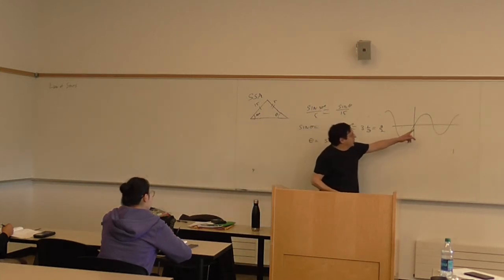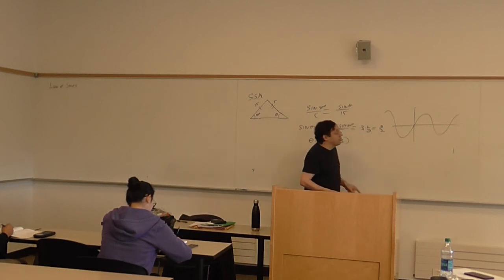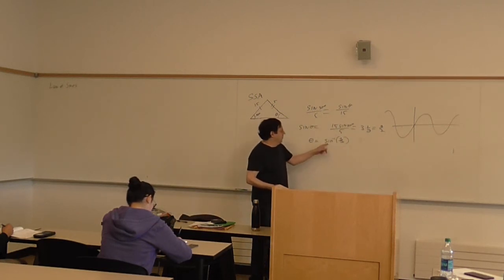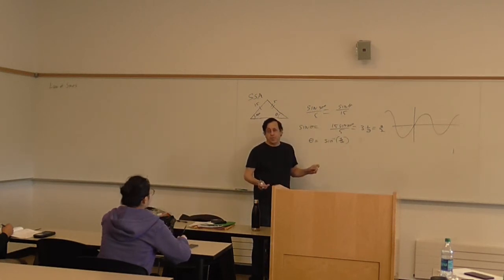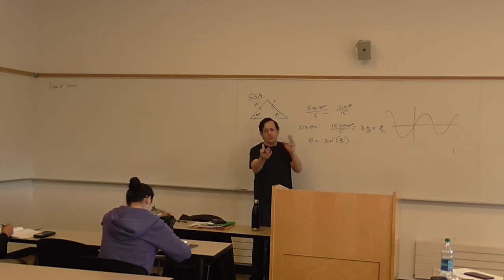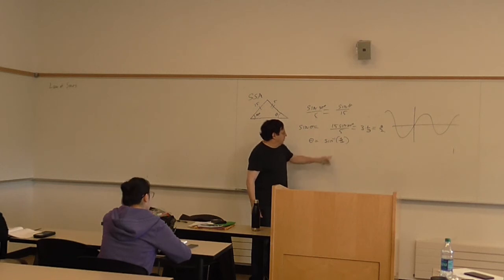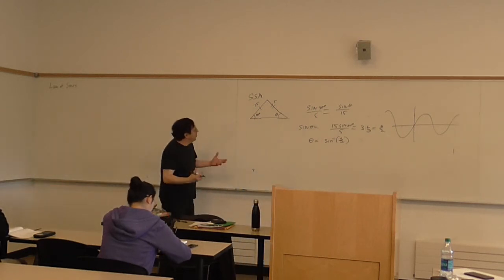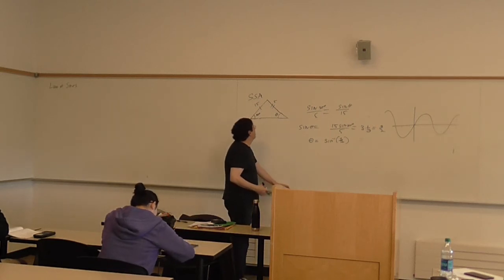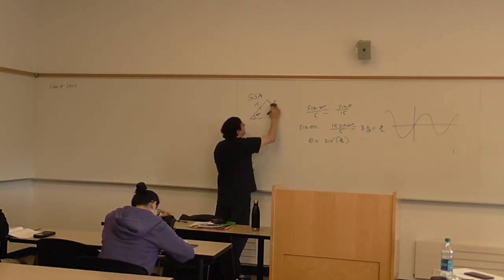The range of the sine function is going to be the domain of the inverse function, right? Remember, for inverse functions and their functions, the domain and range switch places. So this is outside of the domain. Well, that's good, because this is an impossible triangle.